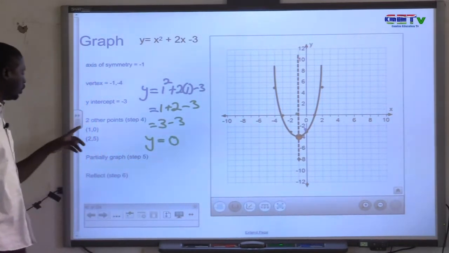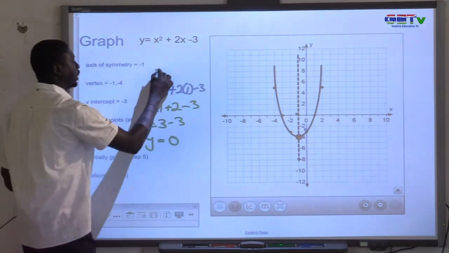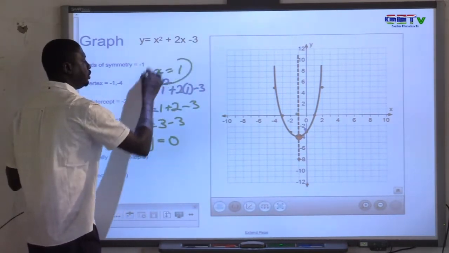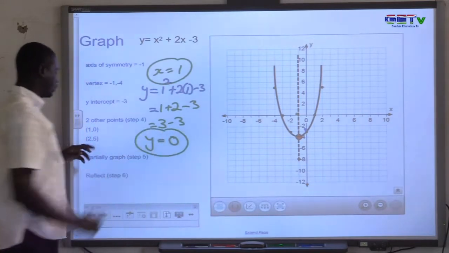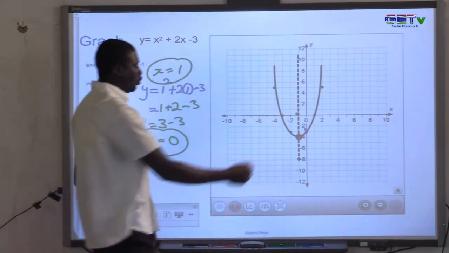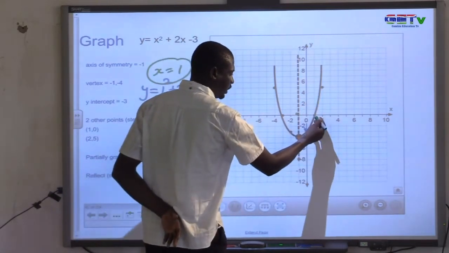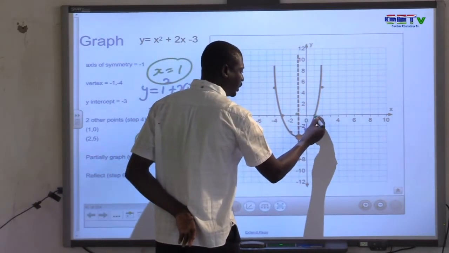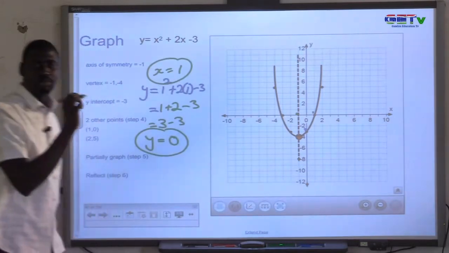This is why when x is equal to 1, y is equal to 0. For that point you also need to locate it because it's very important.